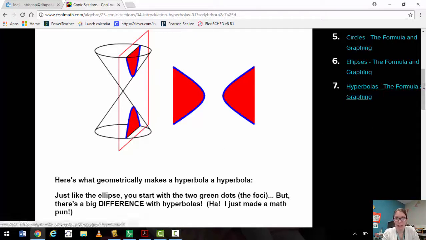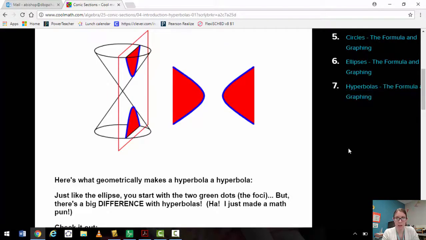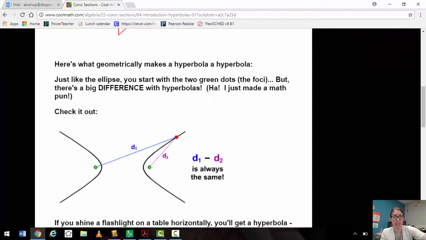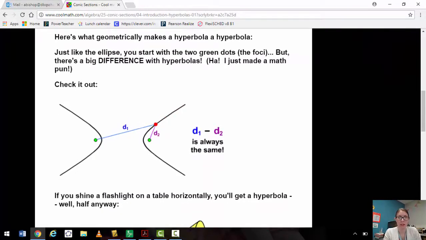Now ellipses, we talked about the sum of the distances to each focus was the same. Here's the deal with a hyperbola. Each point on this hyperbola, that long distance, d1 minus d2, is the same.